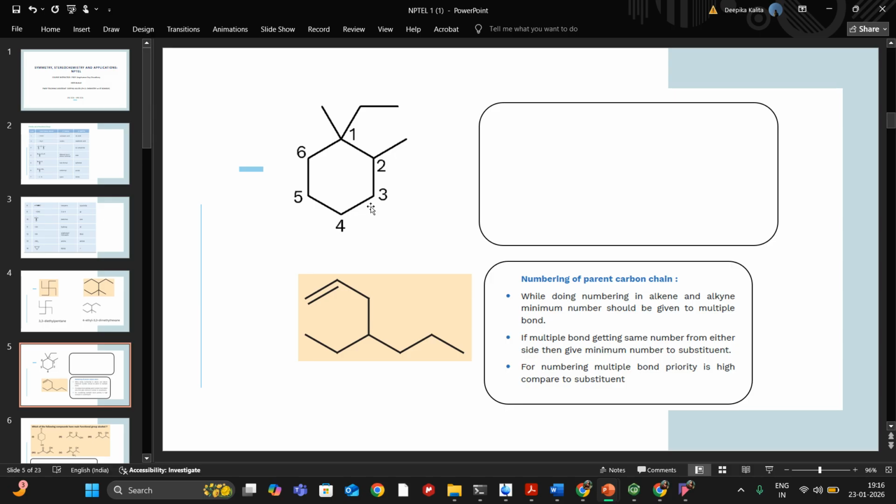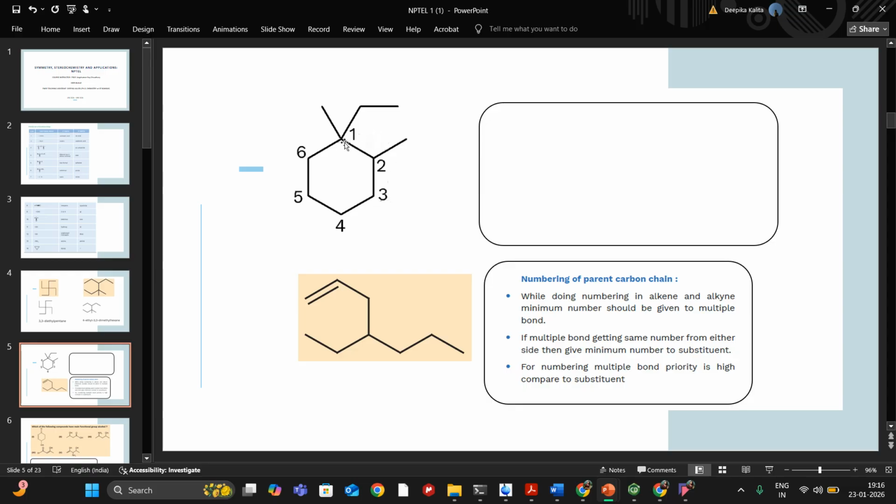Whereas suppose I decide to start from a random carbon, suppose I start from the 4th carbon, then if I move clockwise, my substituents will get numbers 1, 2, 3, 3 and 4. So that does not make sense. The sum will be way more than 4. That is why we will move in this direction only.